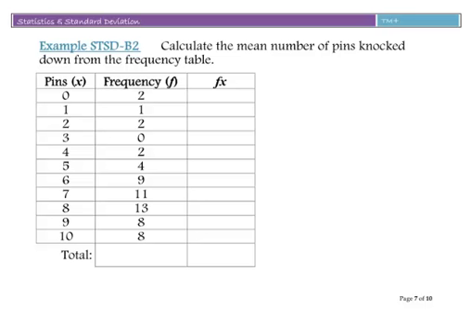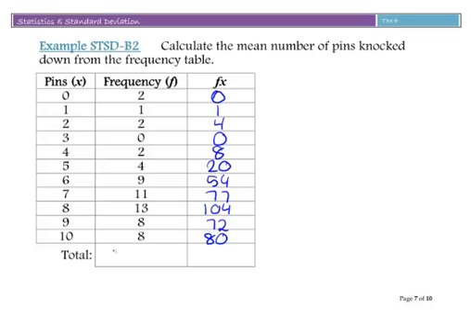So here it's got calculate the mean number of pins knocked down from the frequency table. So in order to do this, I need to work out what fx is. So that's just 0 times 2 is 0, 1 times 1 is 1, 2 times 2 is 4, 3 times 0 is 0. So you can see that I've filled in the rest of those.